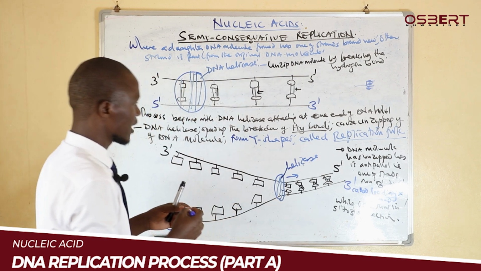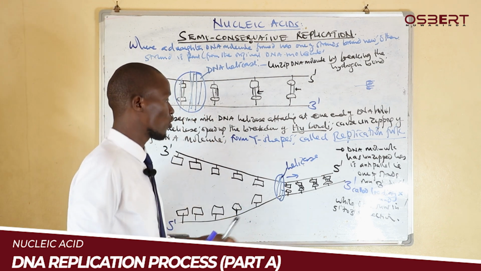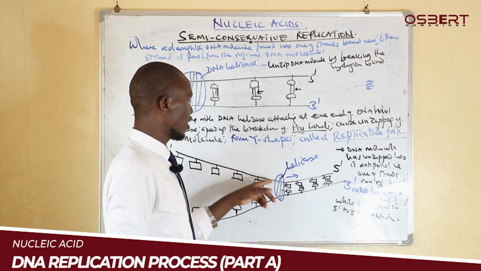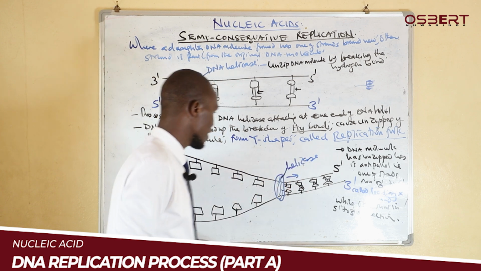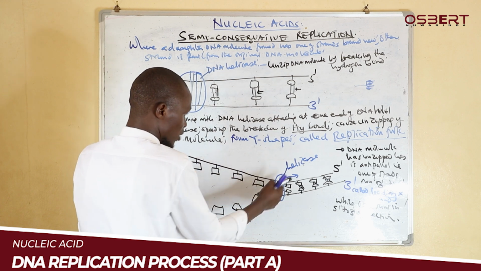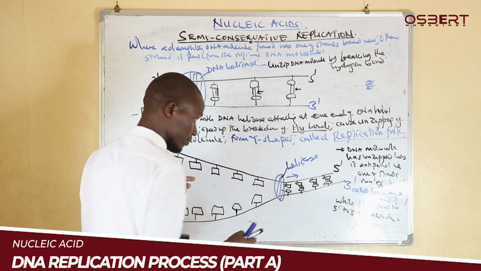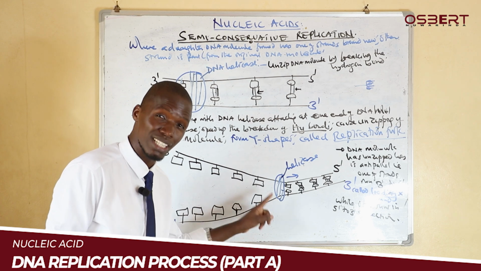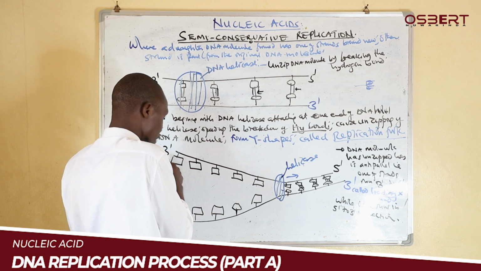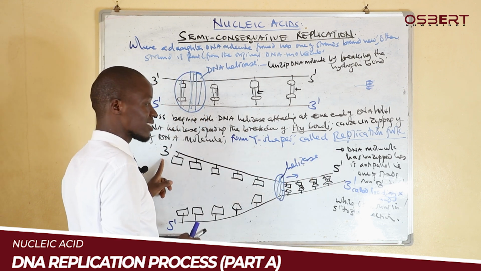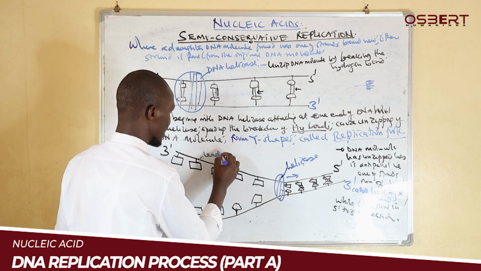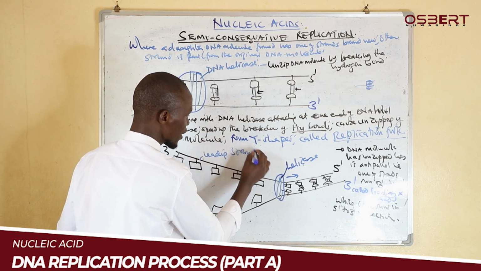We are naming these strands with respect to how this DNA is opening. If the DNA is opening, moving in this direction, the strand which is in a 3 prime to 5 prime direction, with respect to the movement of the DNA helicase, therefore means this will be our leading strand.